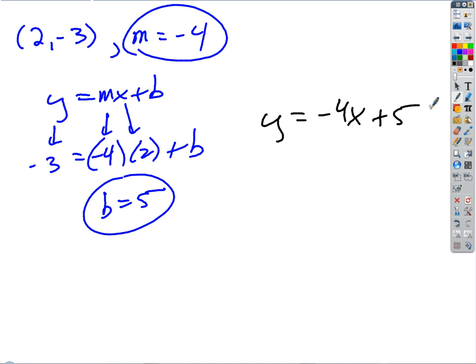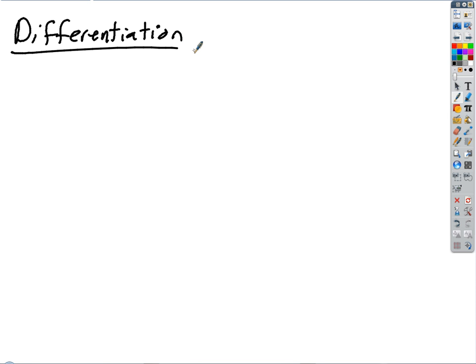But for now, I just want to give you some rules about where derivatives exist. This is called differentiability. Differentiation is the process of taking derivatives. Differential calculus is the calculus of taking derivatives.